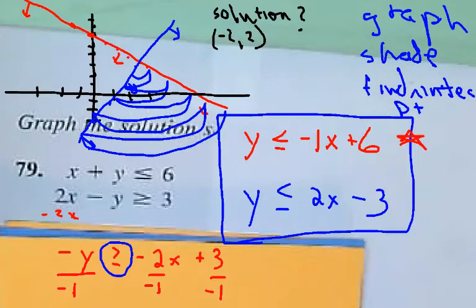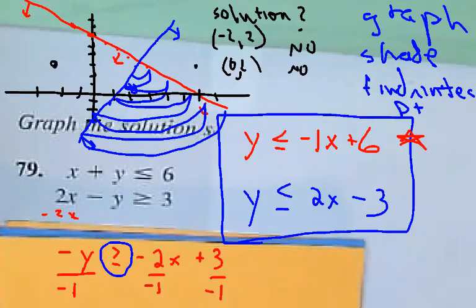Well, -2, +2 is right there. It's not in the shaded area, so that's not a solution, right? If I picked way over here, what if I picked 6, -2? Is 6, -2 a solution? No, it's not in the shaded area, right?